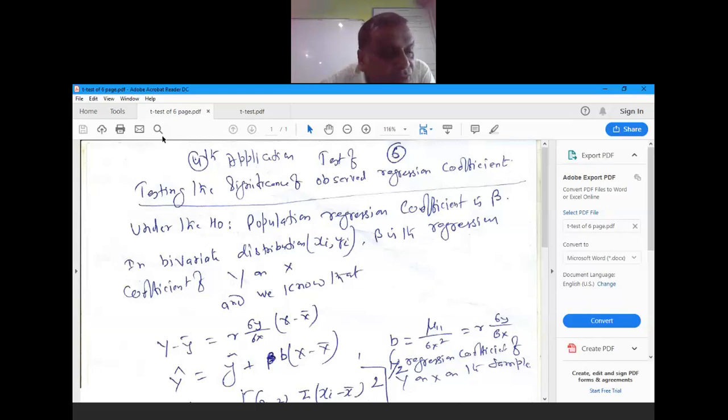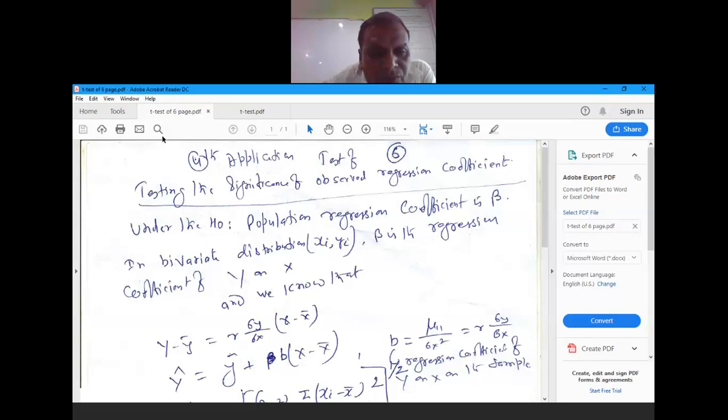Here y bar is the mean of y, r is the simple correlation coefficient between x and y variables, sigma y is the standard deviation of the y variable, sigma x is the standard deviation of the x variable, and x bar is the mean of the x variable.